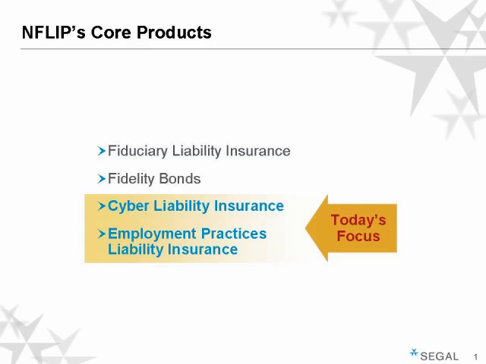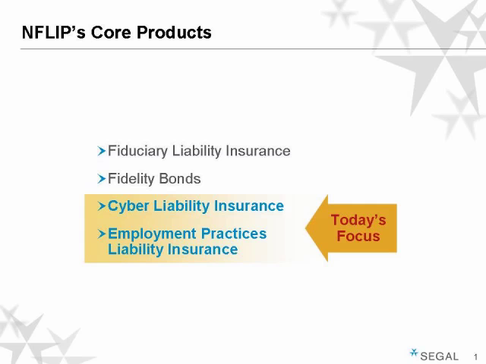What we're going to do today is a bit of a departure from what we consider the traditional benefit fund policies of fiduciary liability and fidelity bonds, and instead focus on two newer products within our universe. Cyber liability insurance is what we're going to spend most of the time speaking about today, which deals with data breaches, either the loss or theft of personal information, and the costs and the exposures that are related to that risk.